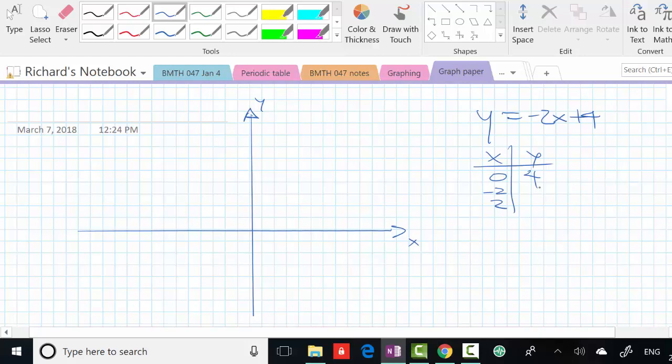When x is minus 2, minus 2 times minus 2 is plus 4. 4 plus 4 is 8. And when x is 2, minus 2 times 2 is minus 4. Minus 4 plus 4 is 0. I now have 3 points that I can plot.